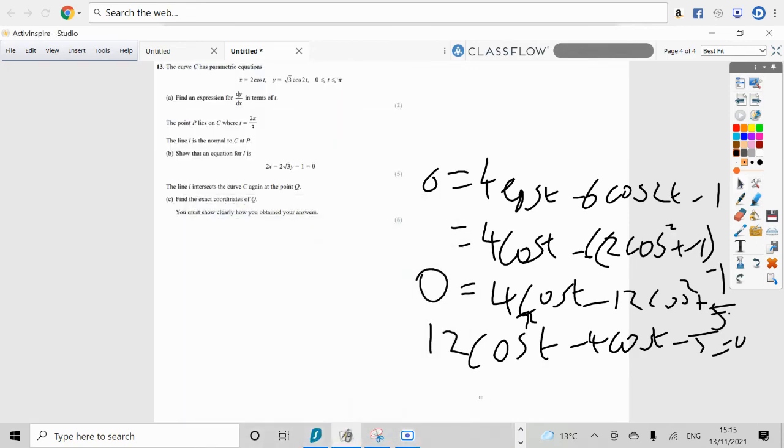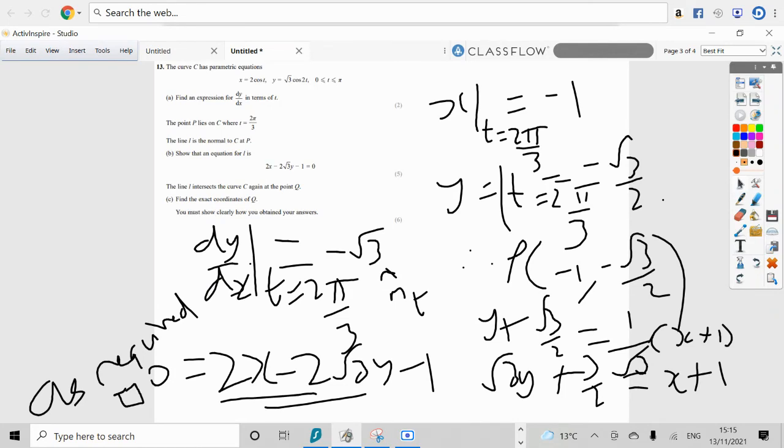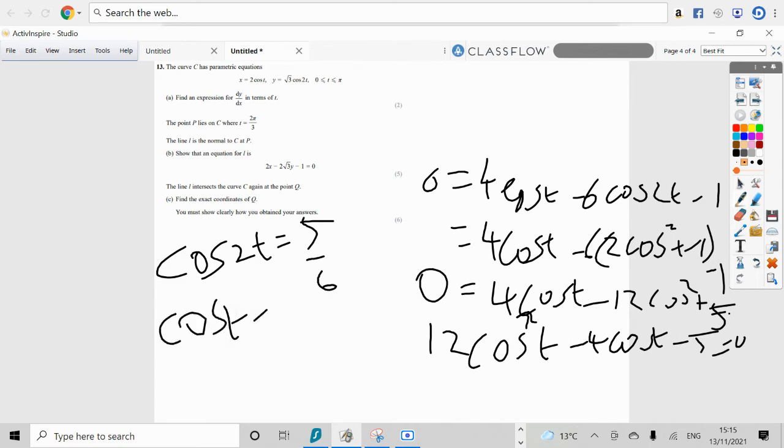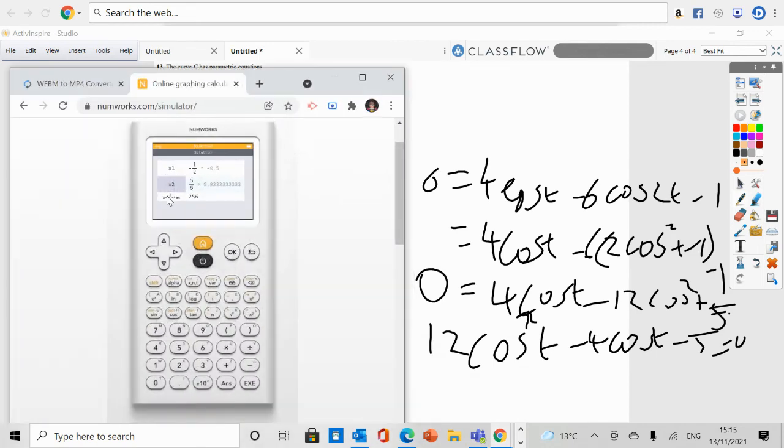So we get cos of 2t being that 5/6. And the other one was cosine t being minus a third, wasn't it? That should not be a 2, that shouldn't be there. It should be cos t, wasn't it? So inverse cos then of 5/6. Back to the calculator.